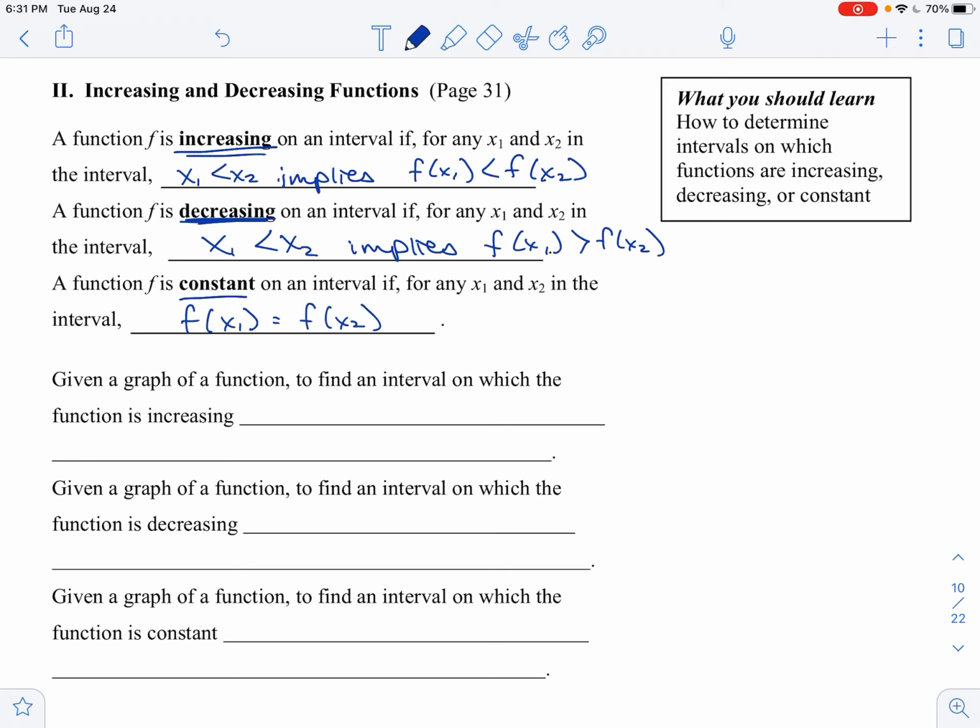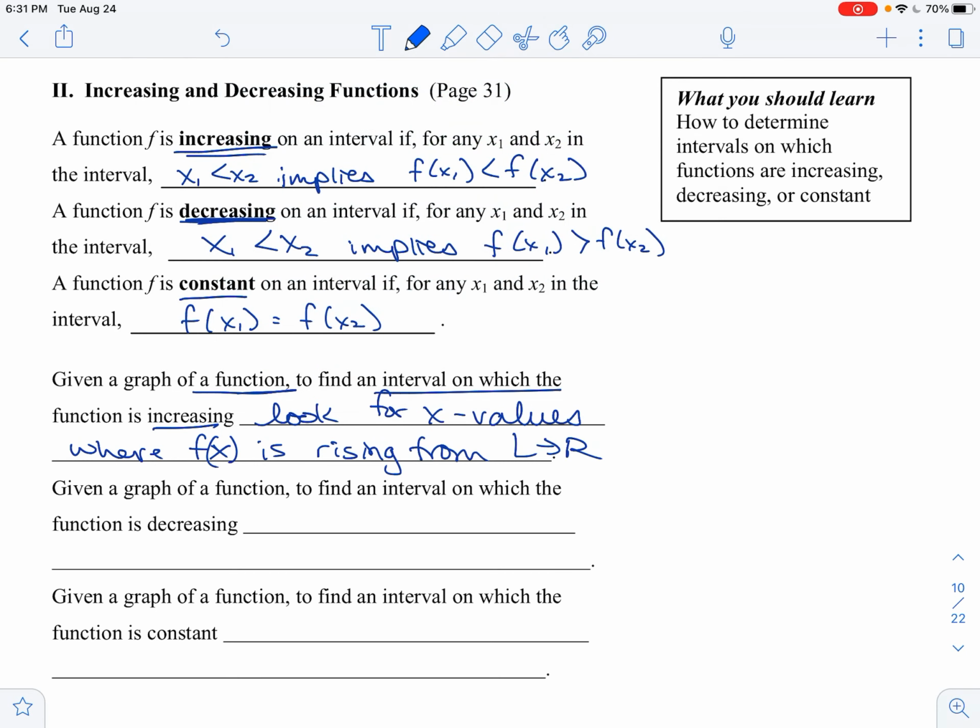So if it's a function and you want an interval where it's increasing, you look for x values where f(x) is rising from left to right. If it's an interval where it's decreasing, we look for x values where f(x) is falling from left to right.